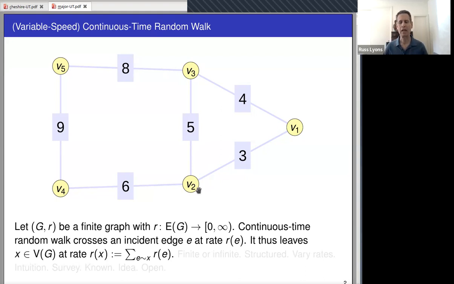So if we change the rates, in particular, if we increase the rates of some edges, does that affect the behavior in a monotonic way? So I'm going to give a survey of all sorts of results of this type. I'll tell you about some known results, counterexamples. In most cases, I'll give you a very basic idea of proofs and also mention a number of open questions. So that's the plan.